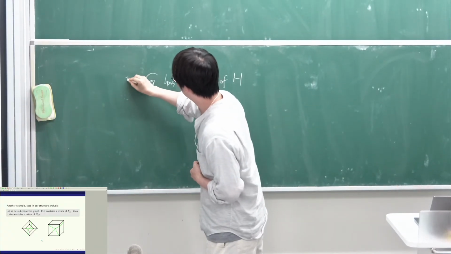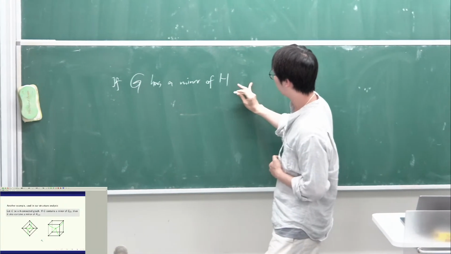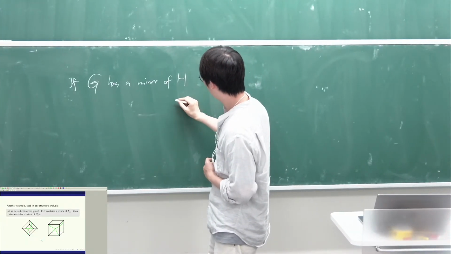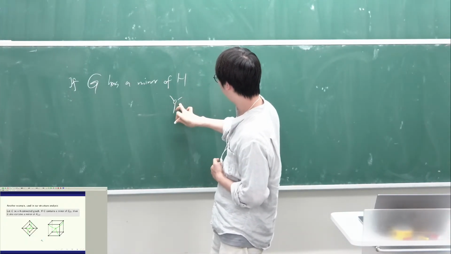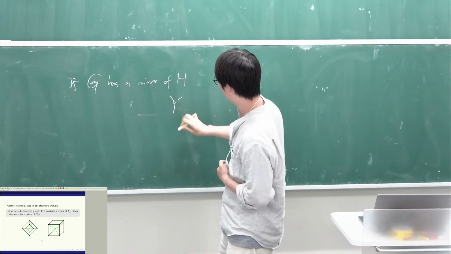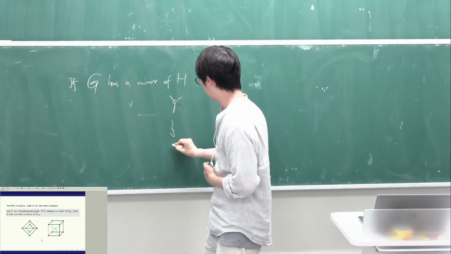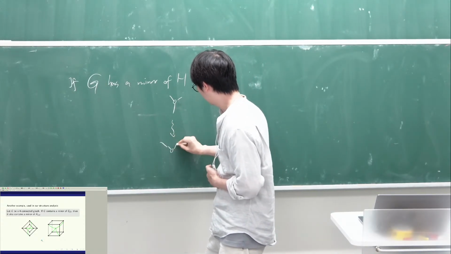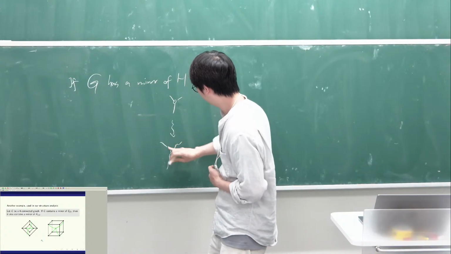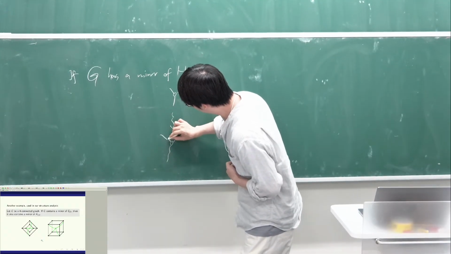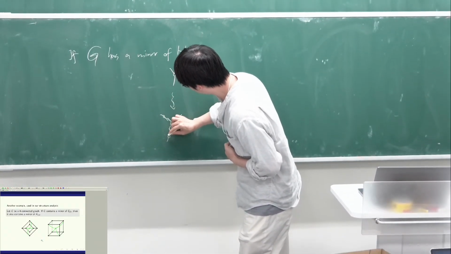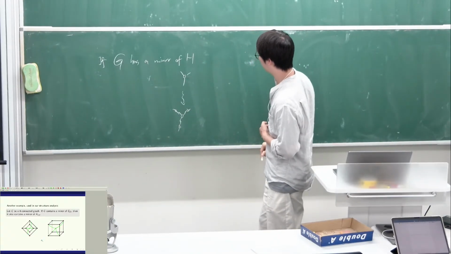If G has a minor of H, then a degree 3 vertex will just correspond to a degree 3 vertex, and the edges will be some paths, just like a subdivision.